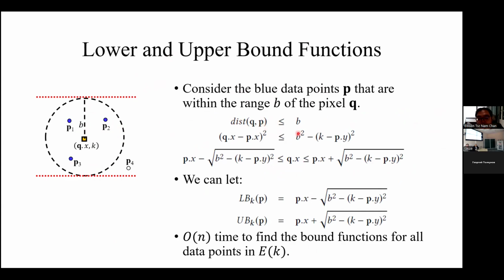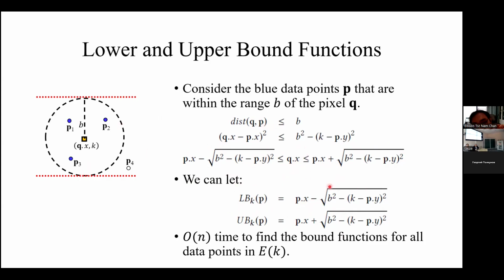You decompose it in this way, and then you can see that if distance QP is smaller than B, q.x must be within this lower bound and this upper bound, right? So we can let this LB_k(p) and UB_k(p) be p.x minus this one and p.x plus this one. So that's it for each data point.